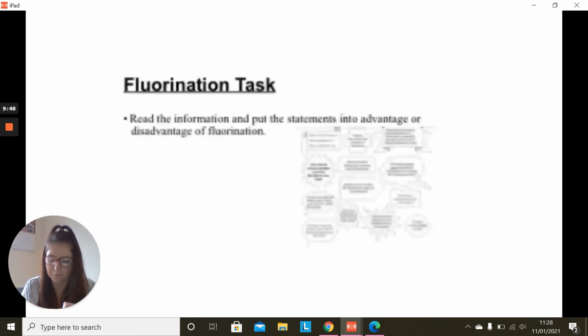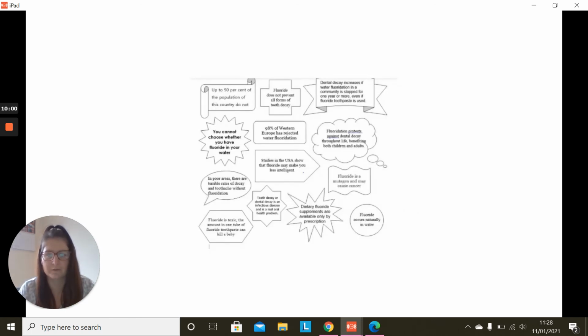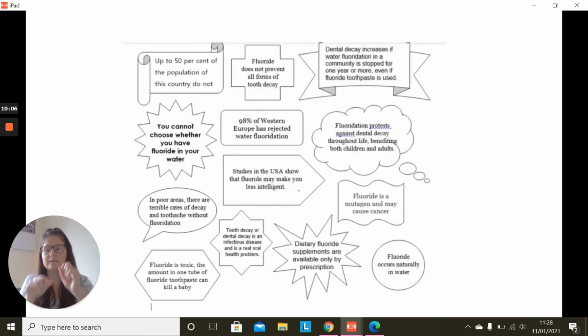So what you're going to do now on your class notebook, you can see a table where it says advantages and disadvantages. What I want you to do is to read these statements. I'm going to make it bigger for you now. Then I want you to write down the statements into whether it's an advantage or a disadvantage of adding chlorine into the water.